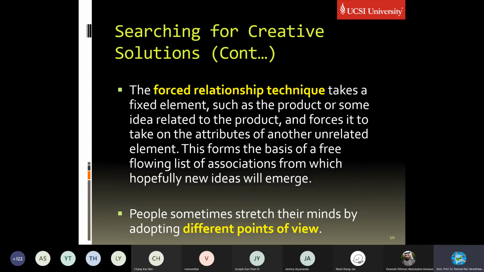In that case, some of them are assumed to be constant, not varying. All these principles have to be adapted. People sometimes stretch their minds by adapting different points of view. So simply saying, you have to be open to it: if you achieve, that's fine.